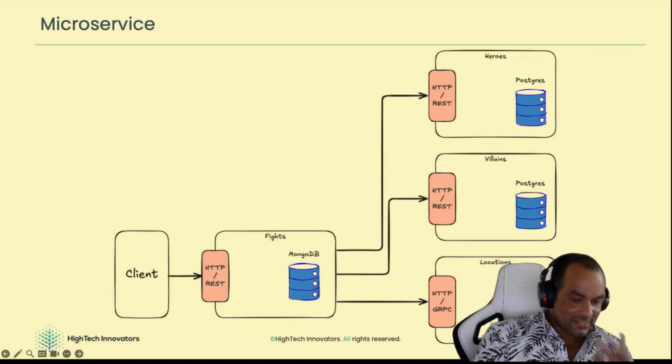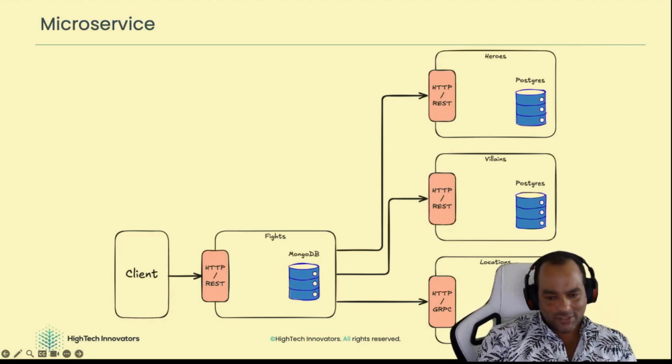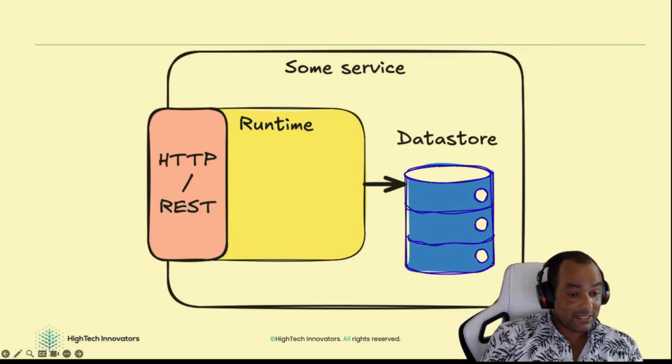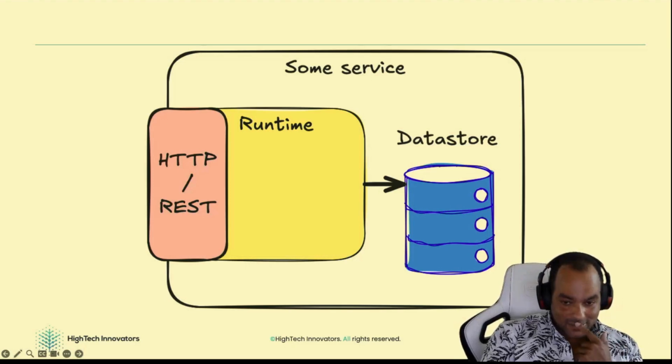What's interesting is it receives an HTTP call and it calls some of the backend services, if that makes sense to you. Let's zoom into one of those services. Like this, it has an HTTP REST endpoint, and it has some runtime, and it has a data store, right? Could be anything, all kinds of runtimes, doesn't matter.